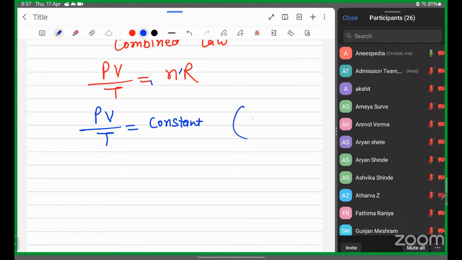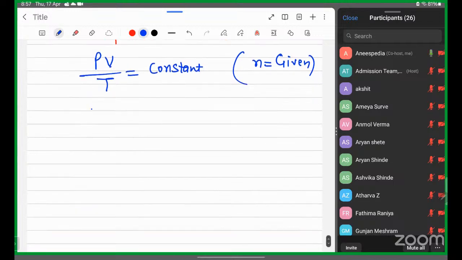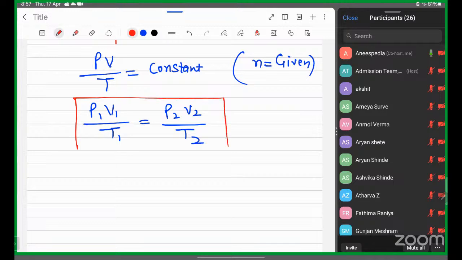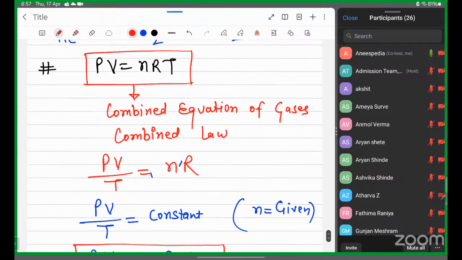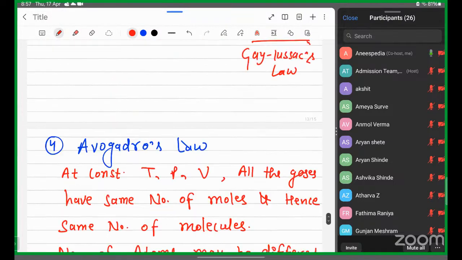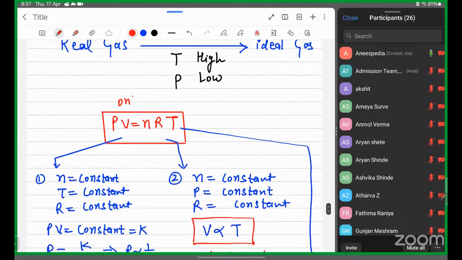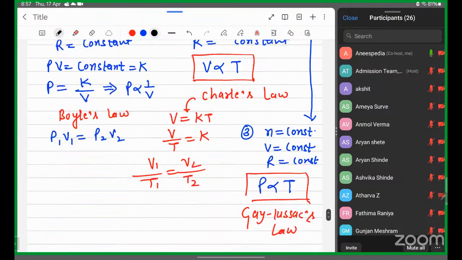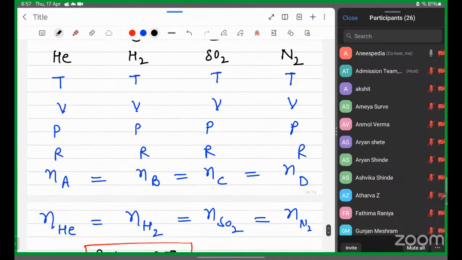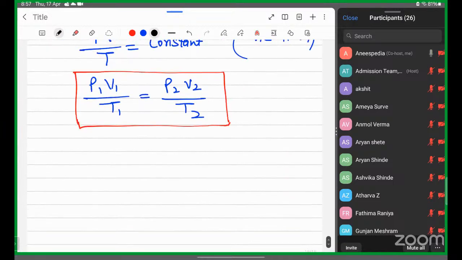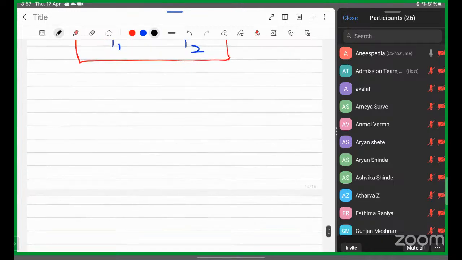This will be true if and only if n is fixed and given to you. So now you can state it as P1 V1 by T1 equals P2 V2 by T2. This particular relation is known as the combined equation of ideal gas or combined law. Remember, all these concepts are valid for ideal gas only. Understood or any doubt?